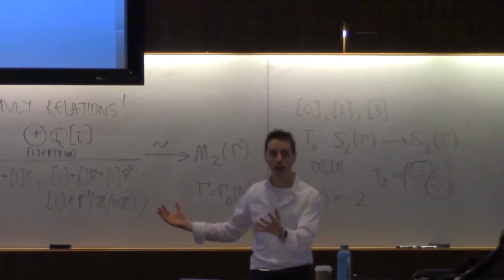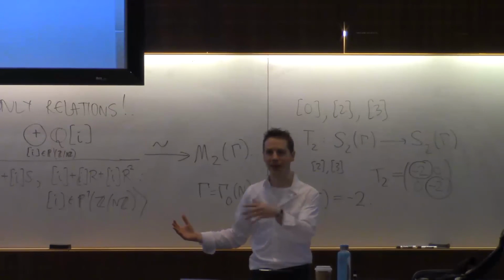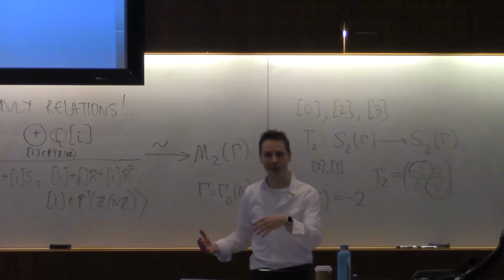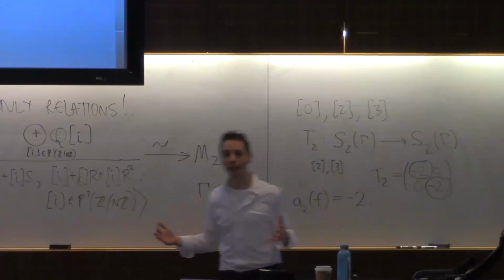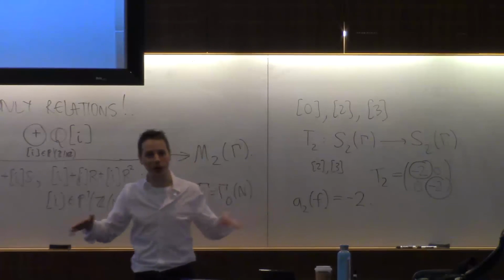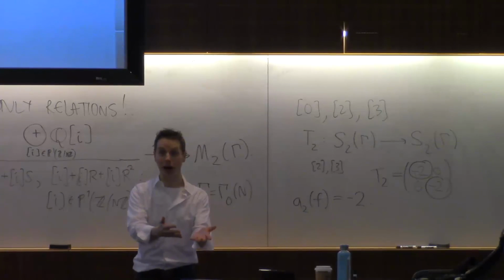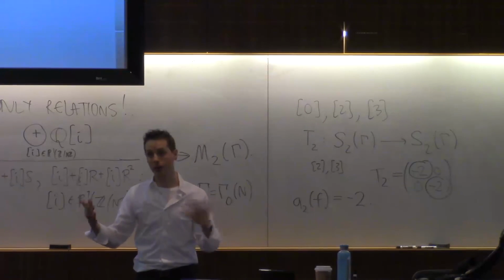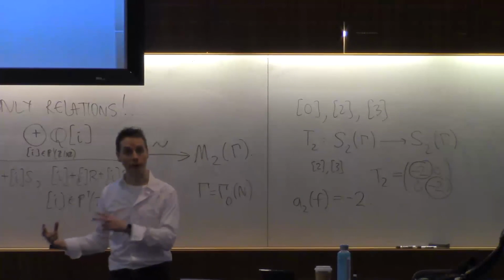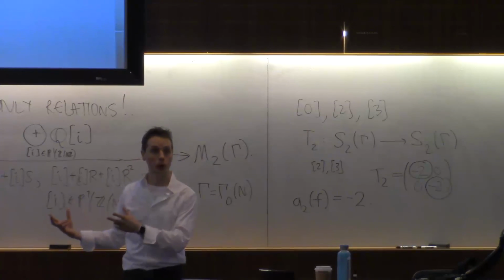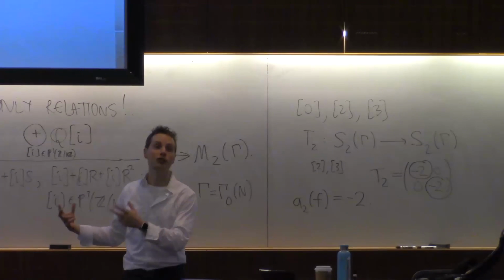My time's up, so I request the organizers, the next time they make one of these, that the lectures be 60 minutes instead of 50. In the remaining 40 minutes that I was sliced from the top of my lectures, I would have explained to you higher weight, and what happens if you don't want to work in SL2Z, but you want to work with some other Fuchsian group, a discrete subgroup of PSL2R, at least if it's arithmetic.